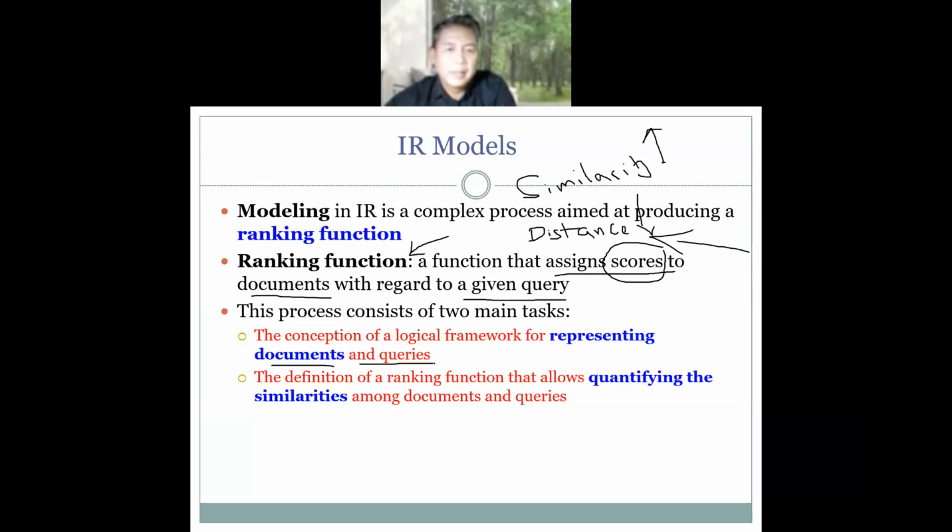So our task is to understand the concept used to represent documents and queries, and then how we quantify the similarity between the document and the query. So we need to understand the ranking function that we use upon the document representation. These are the two main tasks: how we present them in a logical framework, and how we measure the similarity, how we quantify.